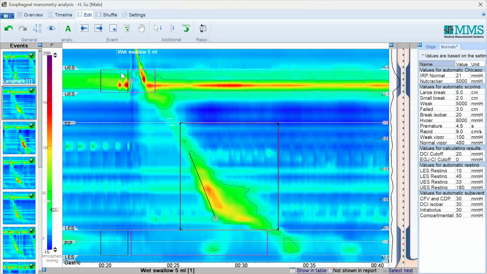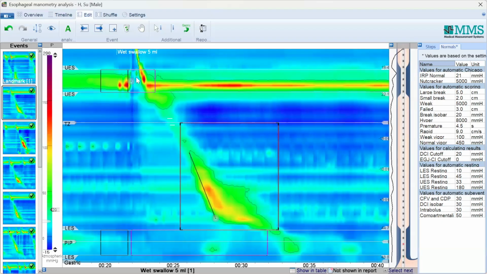Once we give the patient the swallow, before the swallow, this is what we call the resting pressure. Once the patient starts to swallow, we will see here relaxation in the UES, sorry, this is the relaxation of the UES.